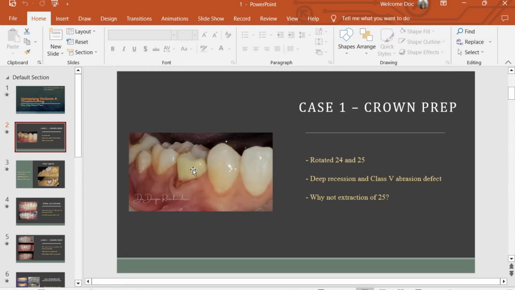Because overlays are conservative, yes, and they do preserve the tooth structure, but then they cover a limited amount of tooth structure, so I cannot do drastic changes in shape. And the second thing is, many root canal treated teeth do discolor below the overlay, and there are patients who don't like that. So this is another reason why we very often crown teeth once they have undergone endodontic treatment.